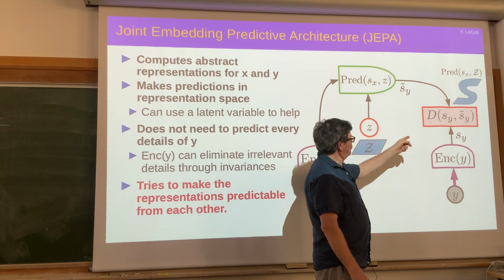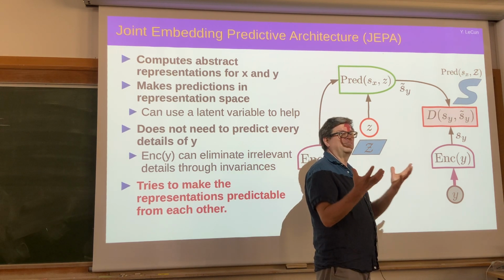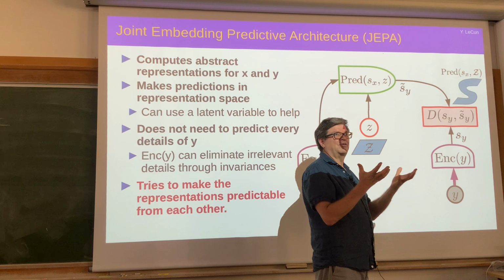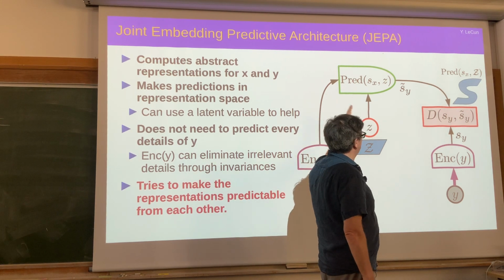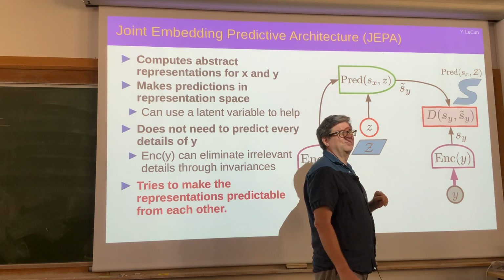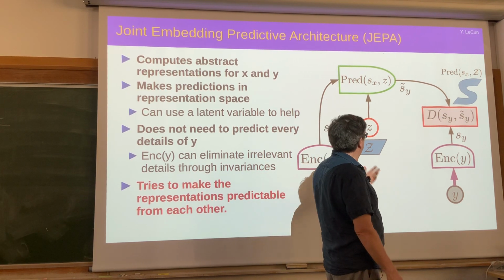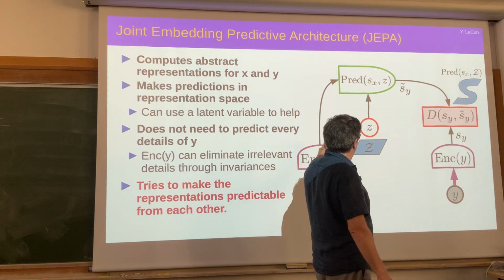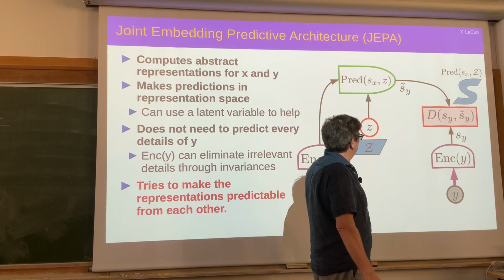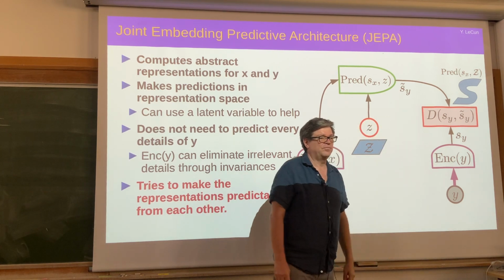Second, make the representation of Y maximally predictable from the representation of X. Those two things are not compatible with each other. It's easier to make things predictable if they don't have much information in them, right? So you're going to have to find a trade-off between those. And then for whatever things you cannot predict but are present in the representation, use a latent variable to pick up the slack.